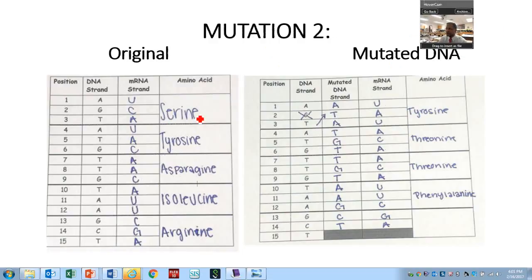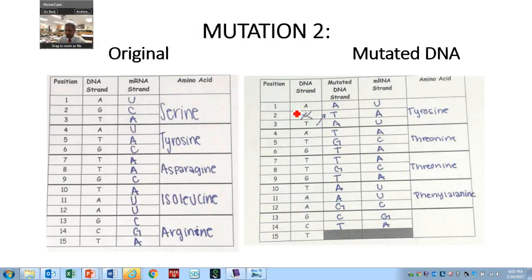Mutation 2. So here's your mutated DNA. I'm sorry, here's your original. This is the original. Apologies. Now look, something happened. There's this frame shift. See all the letters? If you look here, compare, there's the T. The T is in the second spot. It was in the third spot over here.